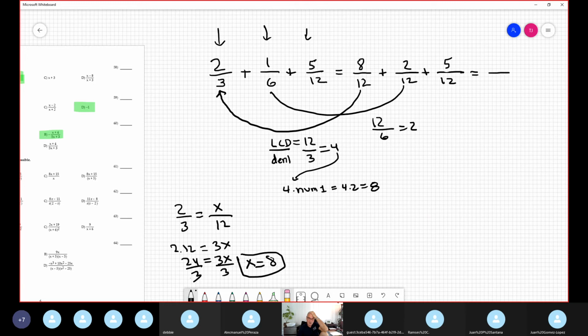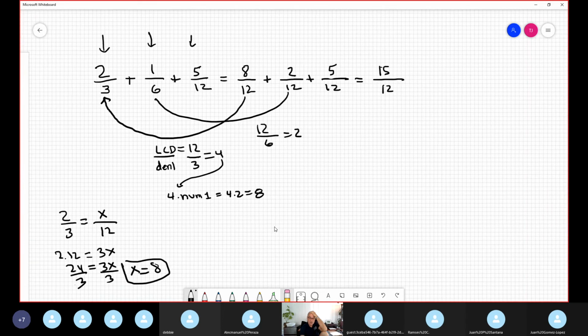Now you add. It's super easy. When the denominator is the same, you copy it and you add in the top part. 8 plus 2 is 10, plus 5 is 15. And do we leave it like that? No. Now I find the GCF, the greatest common factor.